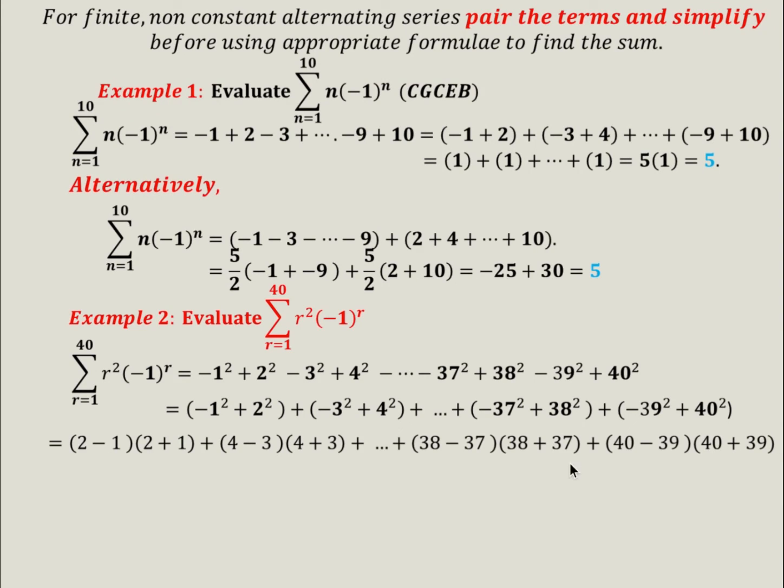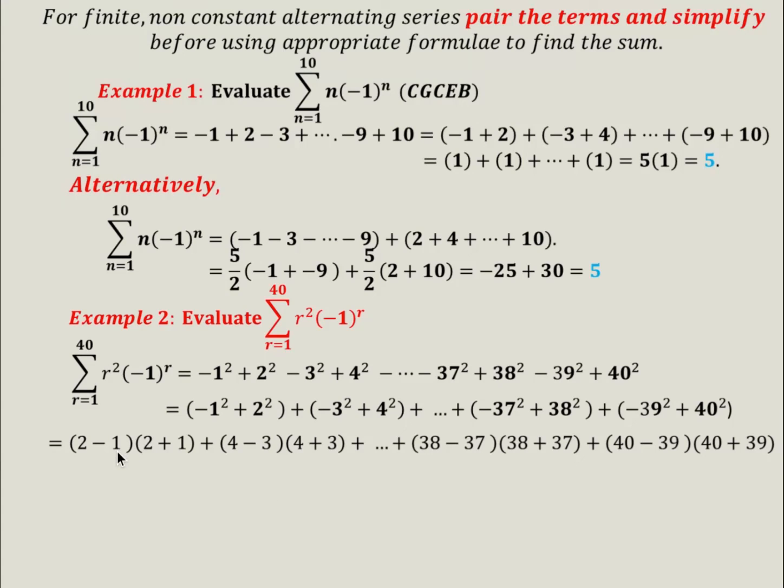If we then apply the formula for difference of 2 squares, in the first pair we would have 2 minus 1 into 2 plus 1. In the next pair we have 4 minus 3 into 4 plus 3, and so on up to the last but one pair, which is 38 minus 37 into 38 plus 37, plus the last pair, which simplifies to 40 minus 39 into 40 plus 39.